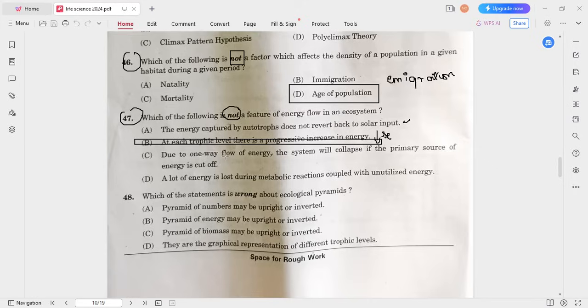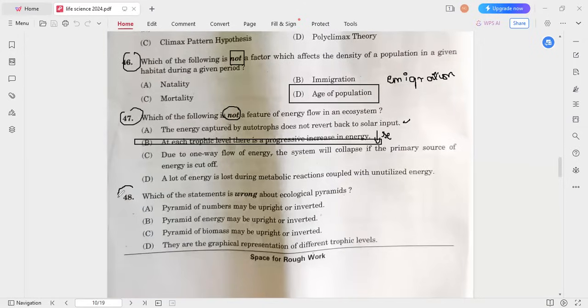Absolutely, it collapses. Okay, so a lot of energy is lost during metabolic reactions coupled with unutilized energy. Exactly. Okay, so option B is not a feature of energy flow. So that's why option B is the correct answer for question number 47.